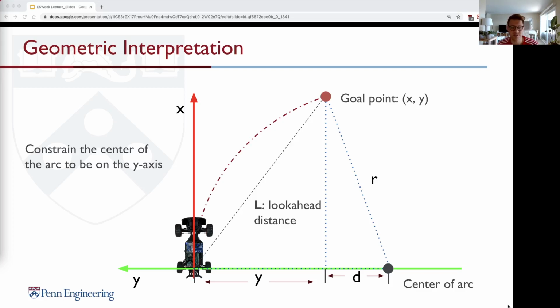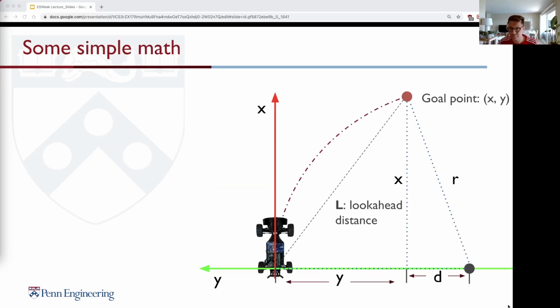This one needs to be on the y-axis based on the rear axle of the car. With this constraint we have created, we now have the possibility to solve this kind of geometric problem.